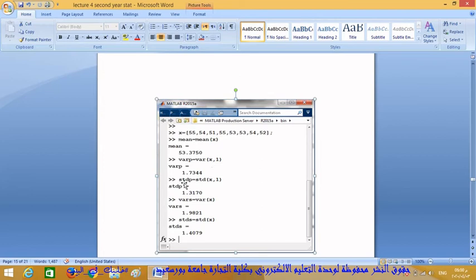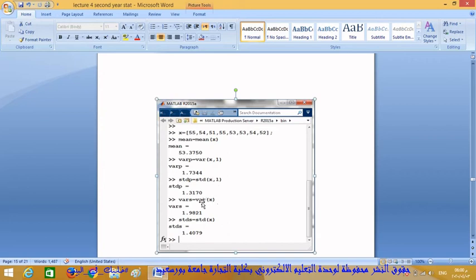And standard deviation for population equals STD, a function for computing the standard deviation, also with x and 1. So for population use x and 1, whether using the var function to compute the variance or the STD function to compute the standard deviation. Remember that here for population, add 1 to x.